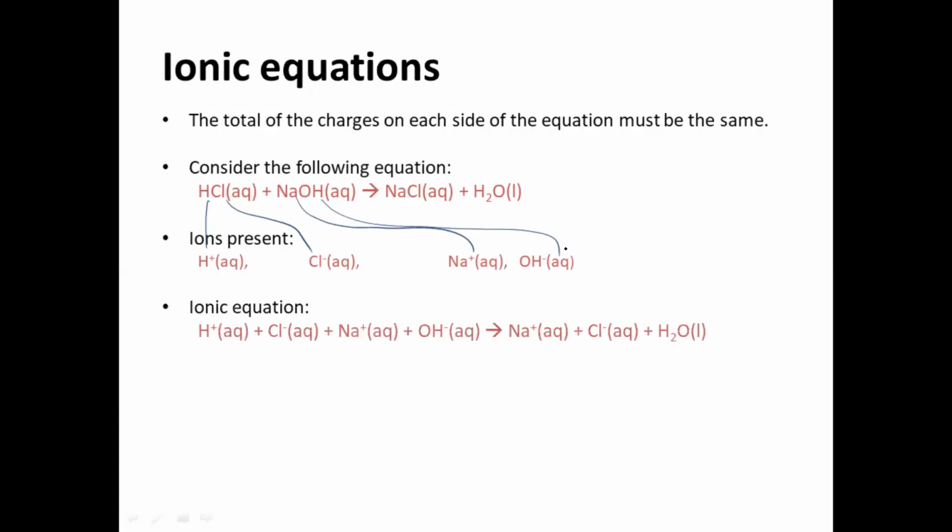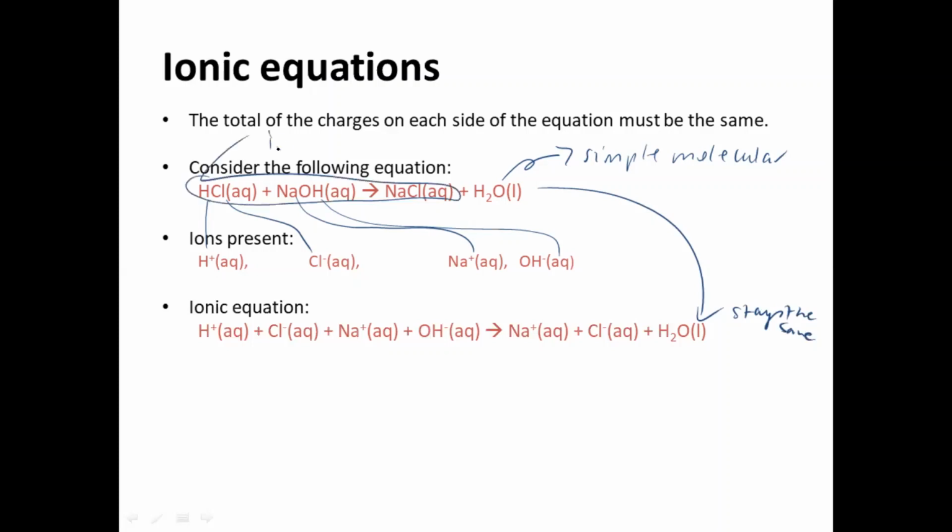So then for the ionic equation, we split this. This one is simple molecular, not ionic, so it does not get split, it stays the same. Whereas these are all ionic, because they're made out of ions.